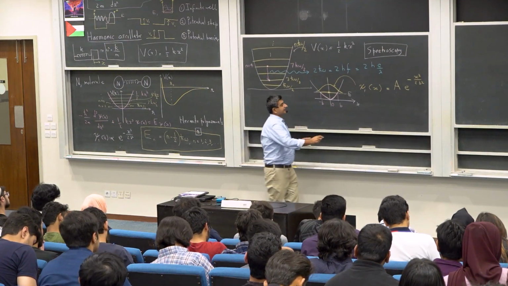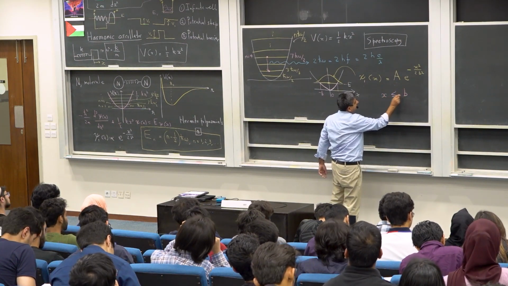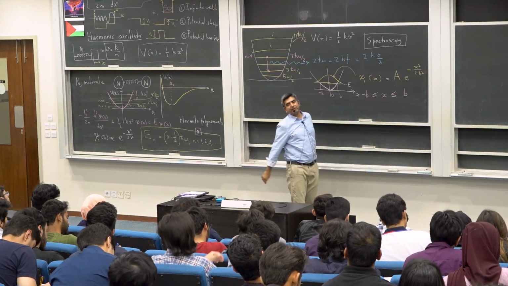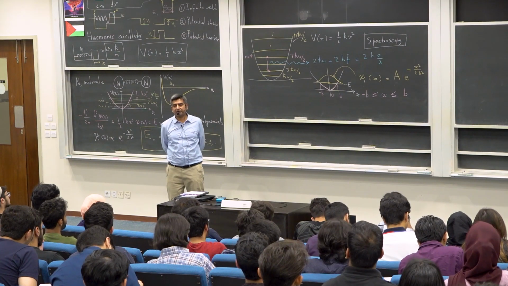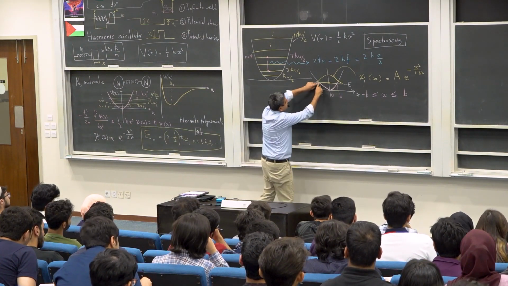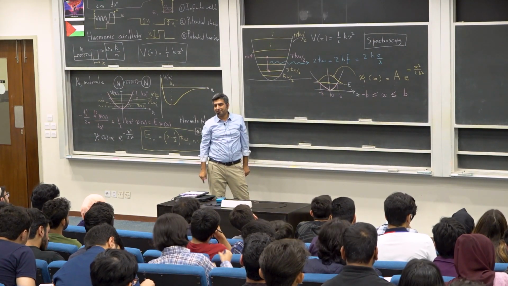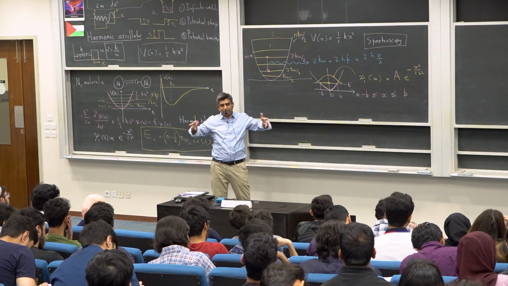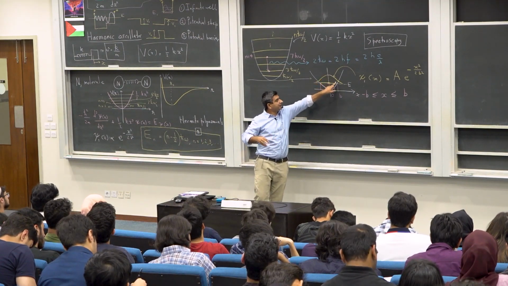Now for x less than or equal to B and greater than or equal to minus B, what can we say about the kinetic energy of the system? Positive or negative? Positive, because the energy is bigger than the potential energy. So the wave function has some oscillatory behavior. Not really, but the wave function kind of shows this pattern.